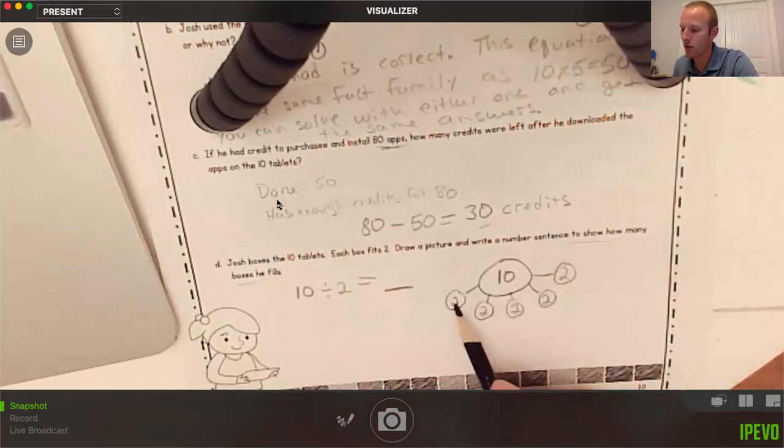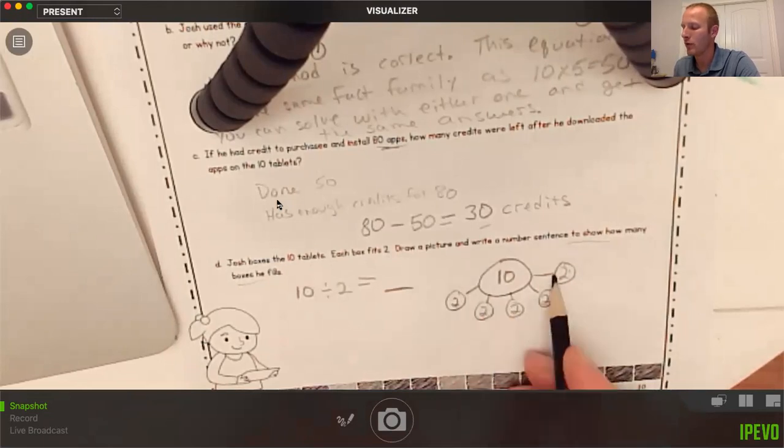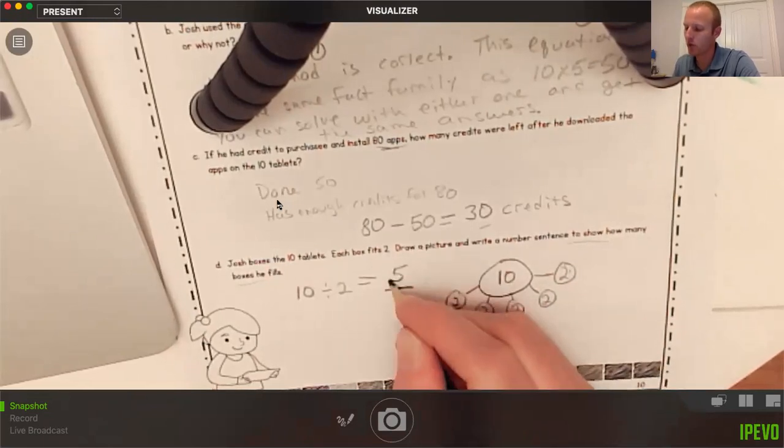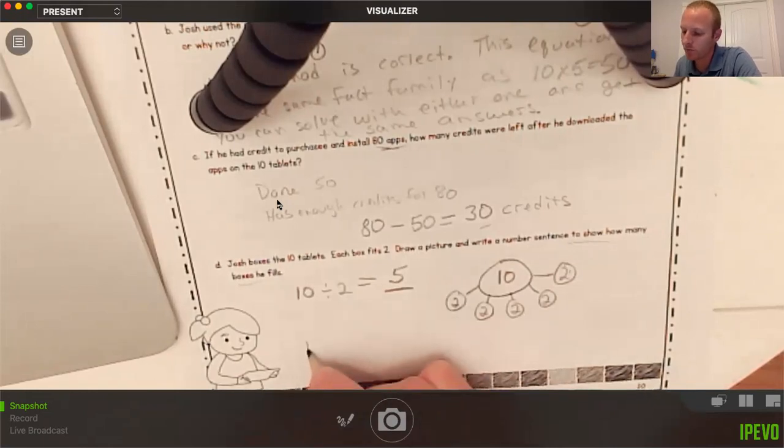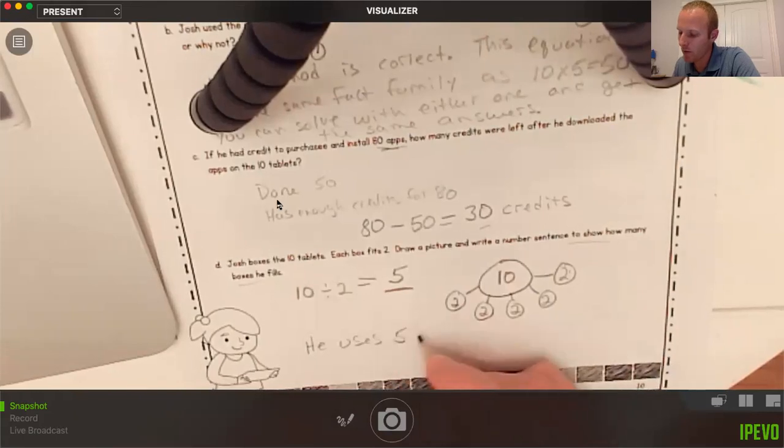So there's 2 in that box, 2 in that box, 2 in that box, 2 in that box, and finally 2 in that box. And there are 1, 2, 3, 4, 5 boxes. I'm going to write a sentence with that because we know part of our read to write process is to write a sentence with these. And I will say he uses 5 boxes.